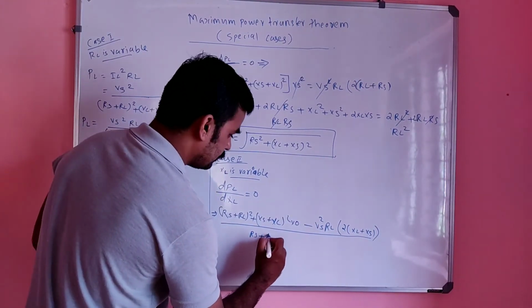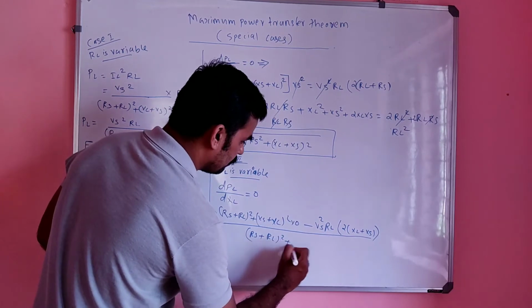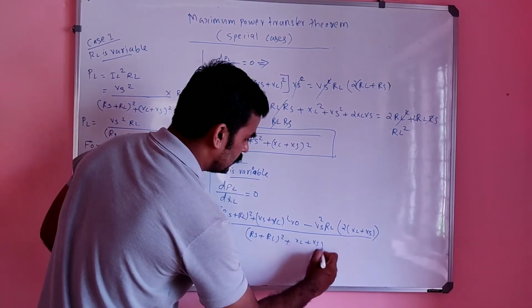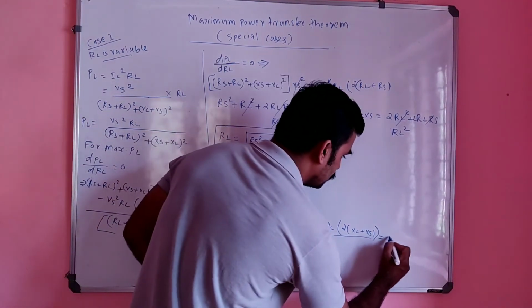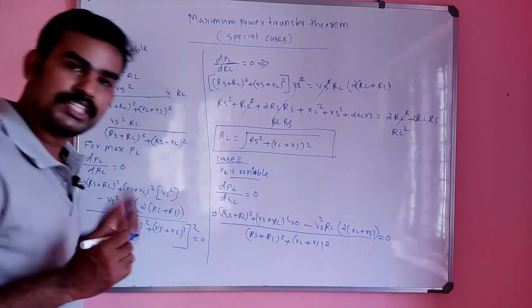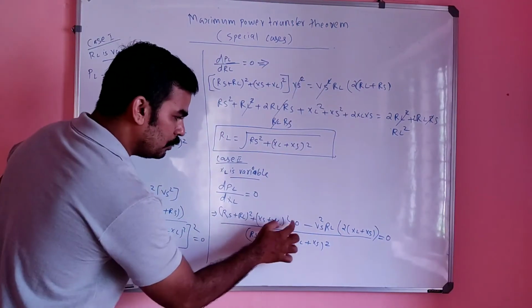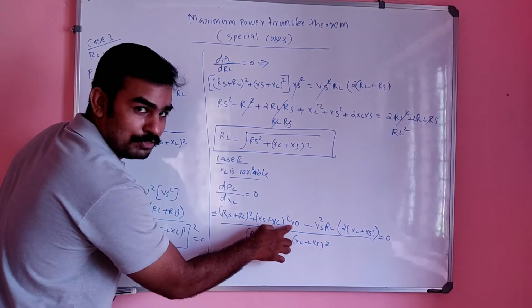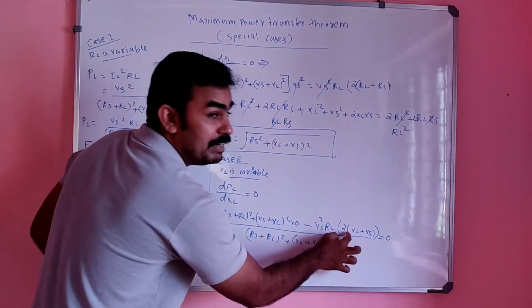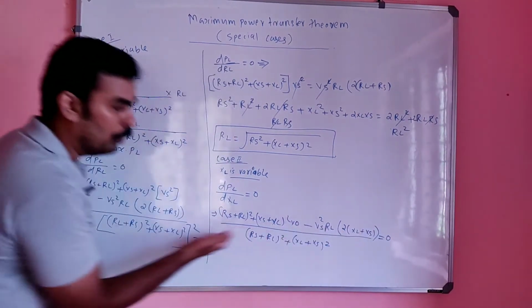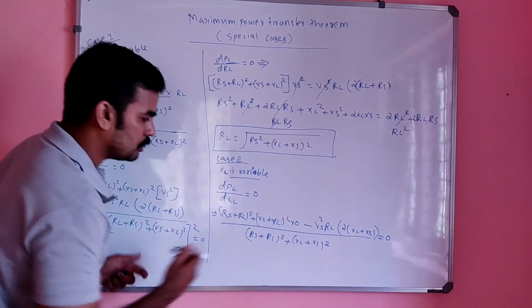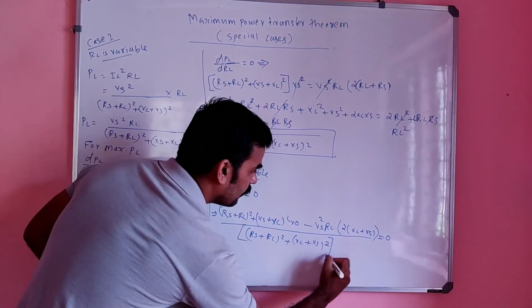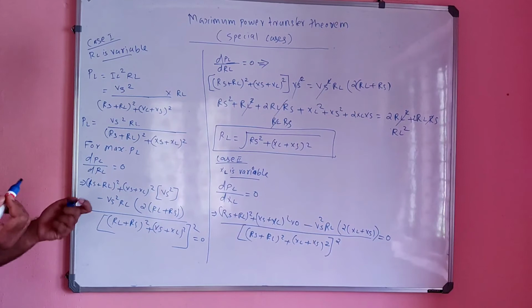RS plus RL the whole square plus XS plus XL the whole square equal to 0. This is the condition: denominator into d by dXL of numerator minus numerator into d by dXL of denominator, divided by denominator square, equal to 0.